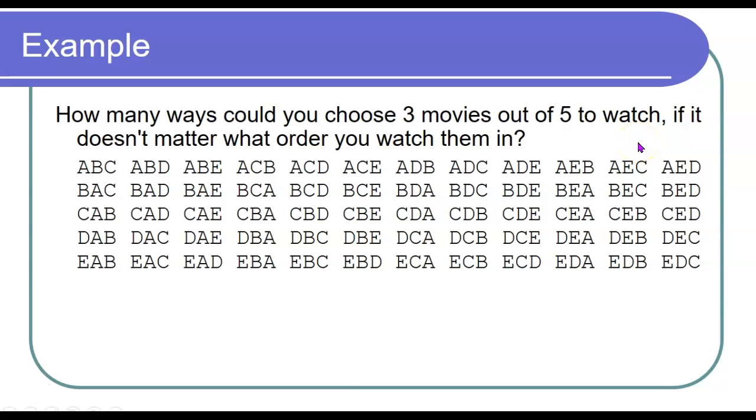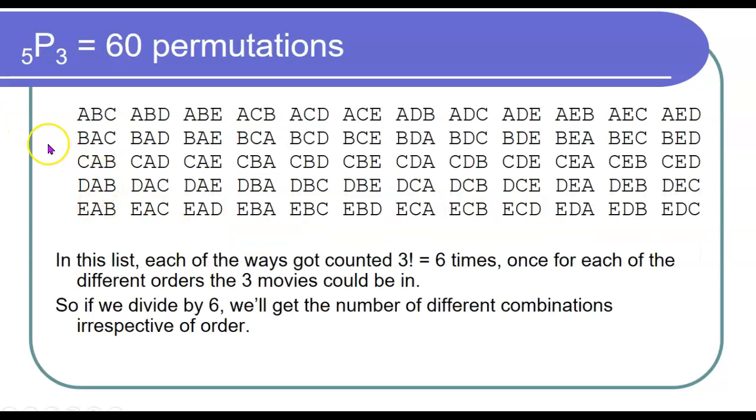Now, remember our example about choosing 3 movies out of 5 to watch. Now, what if you don't care about the order? All you care about is which 3 movies you end up watching, and it doesn't matter which one you watch first or second or third. Remember, there were 60 ways if the order does matter.